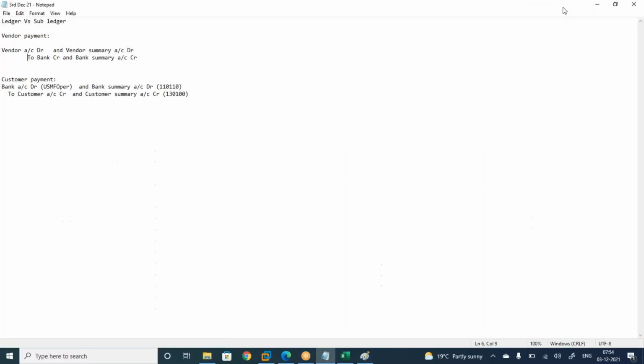Understood? So bank account and vendor account, these two are subledgers, and vendor summary account and bank summary account are the ledger accounts. So all customers are subledgers. All vendors are subledgers. All banks are subledgers.